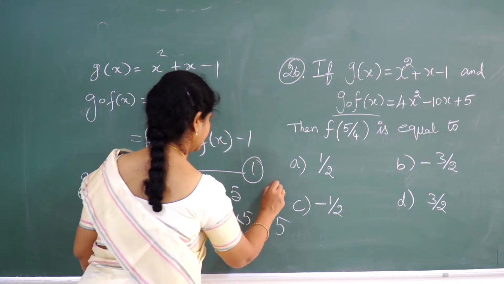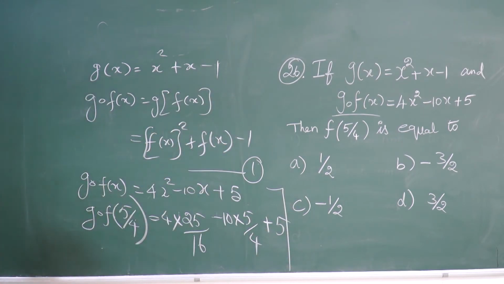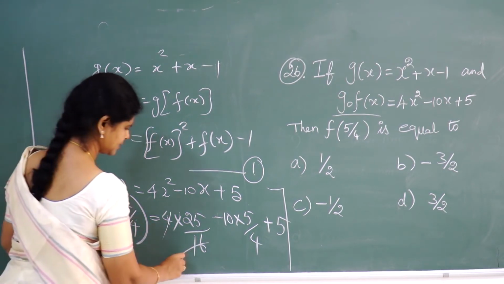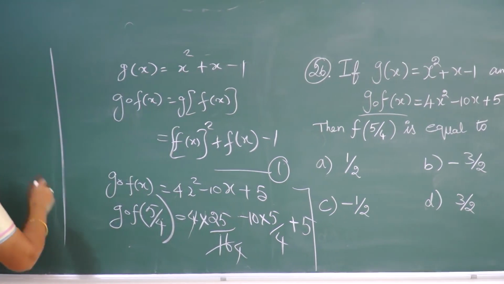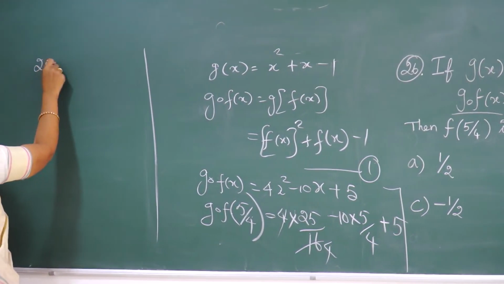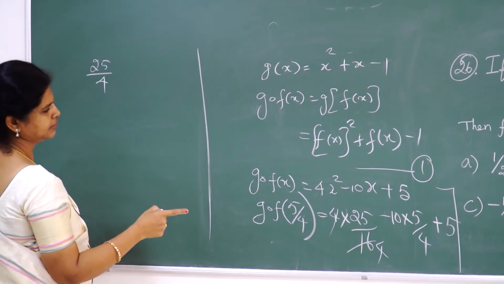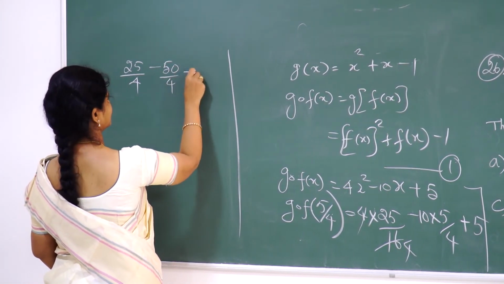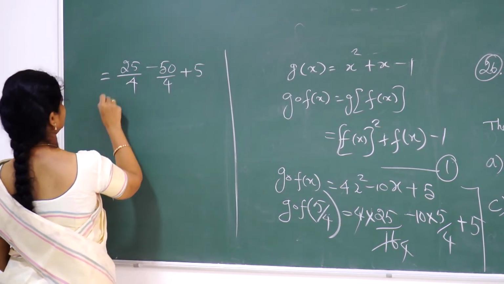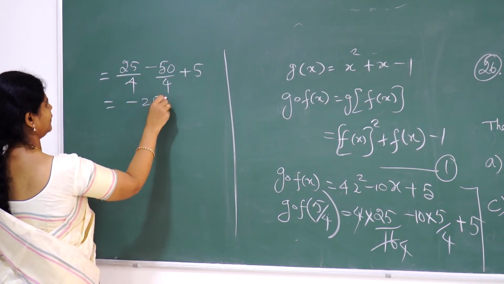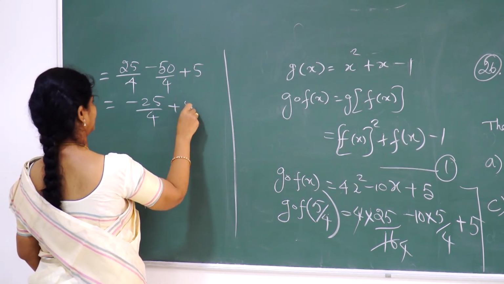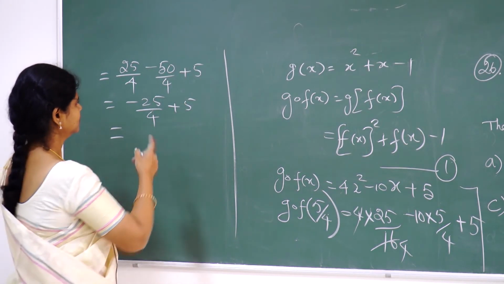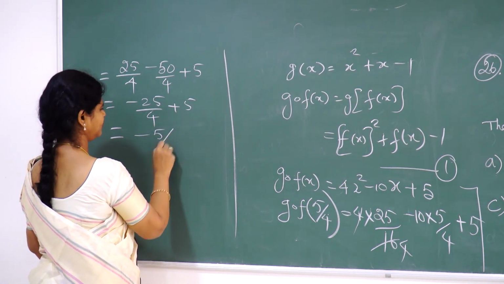Simplify, you get the answer. When you simplify, the 4 gets cancelled, so 25 by 4 minus 50 by 4 plus 5, that is equal to minus 25 by 4 plus 5. When you take the LCM, which is 4, the final answer is minus 5 by 4.